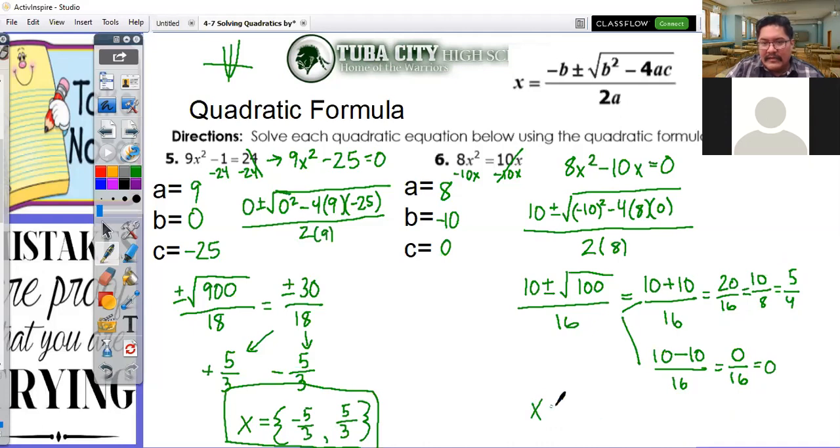Let's go ahead and write it down into the proper format, into set builder notation. So X is the set of 0 and 5/4, which you would probably get something like 1.25 if you were using a decimal. And again, if you get stuck on a problem, just go ahead and use decimal, because I know some of these do have problems that really require a lot of knowledge on fractions, but most fractions like this one would be pretty easy.